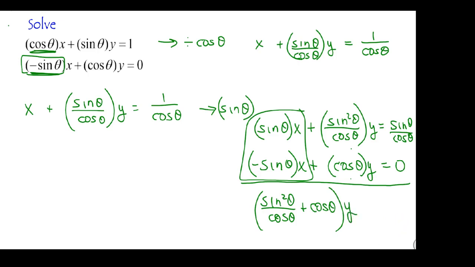And that sum is the coefficient of y. And on the right-hand side, when I add together, I get sine of theta over cosine of theta. So that is my new second row, where I have a 0 coefficient of x, and I have a coefficient of y.